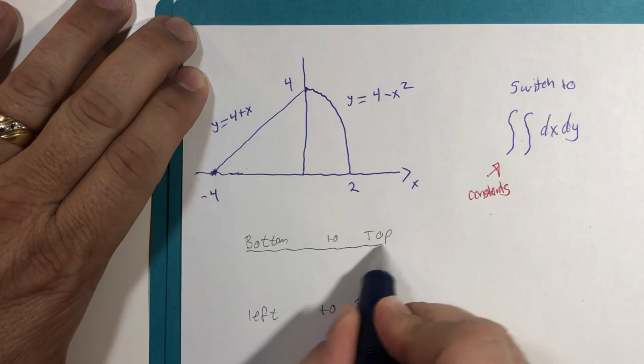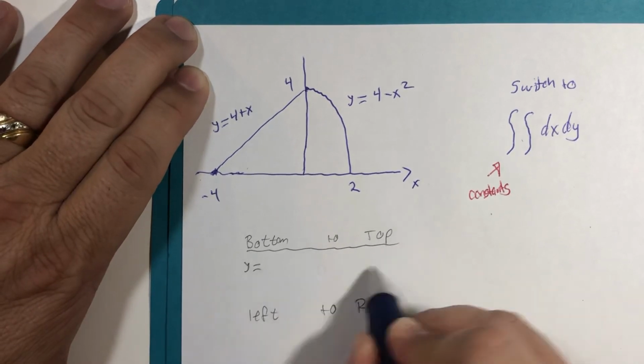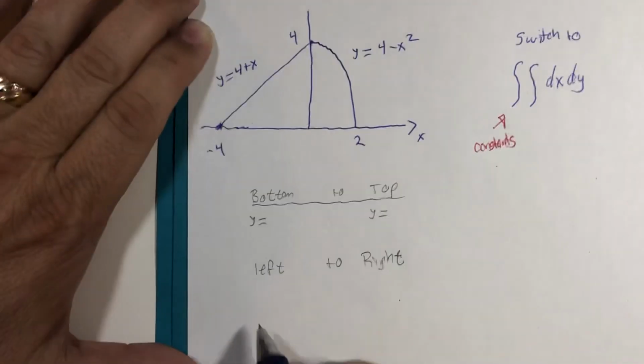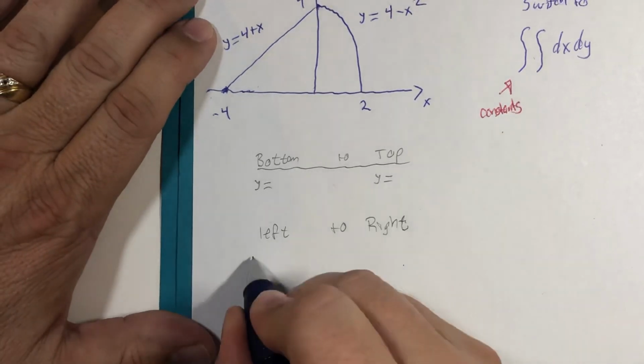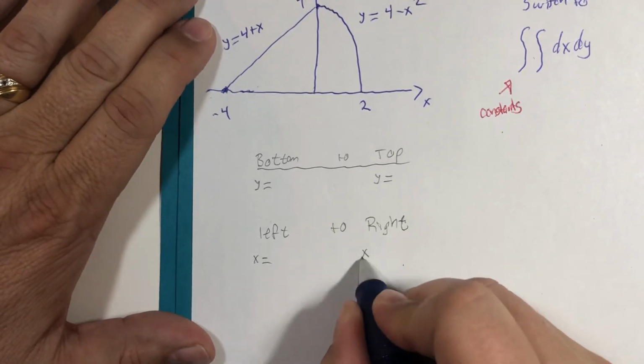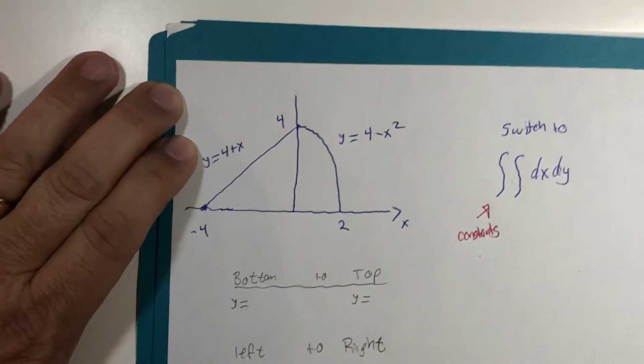All right, the bottom to the top would be y equals boundaries. Left to right would be x equals boundaries. And let's look at it.